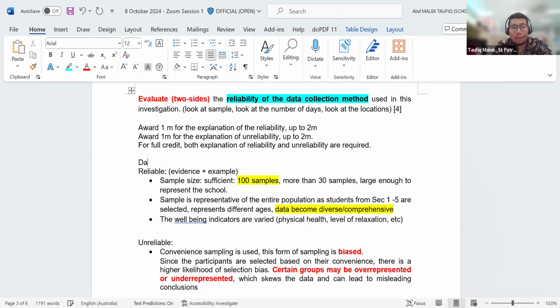So I can say data collection method is reliable. This is my stand, right?